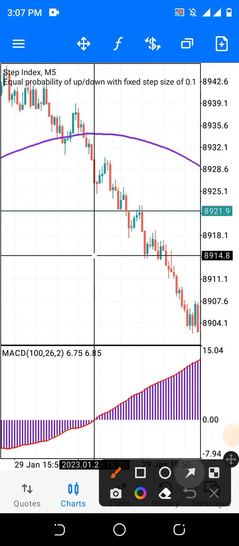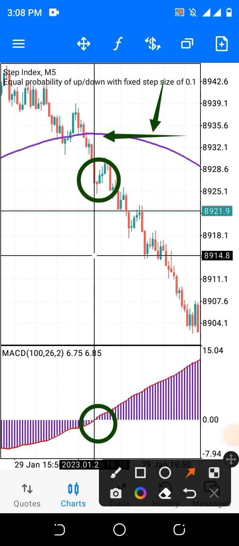Do you understand? This is where the crossing occurs. So you make your sell entry here. Then the moving average should serve as your stop loss. Your stop loss should be here.